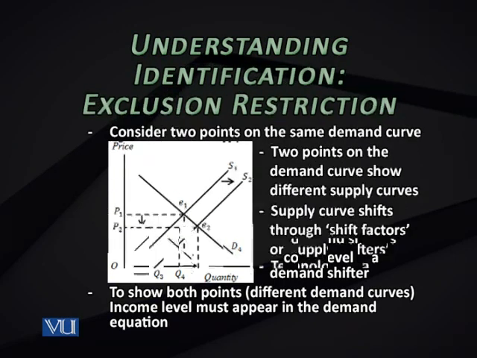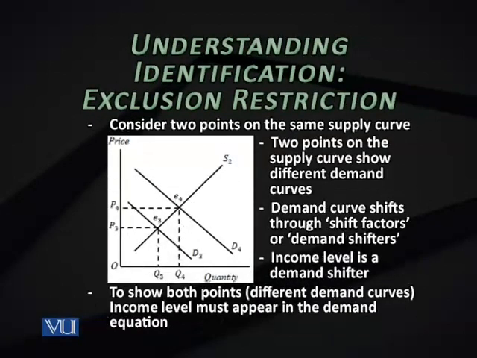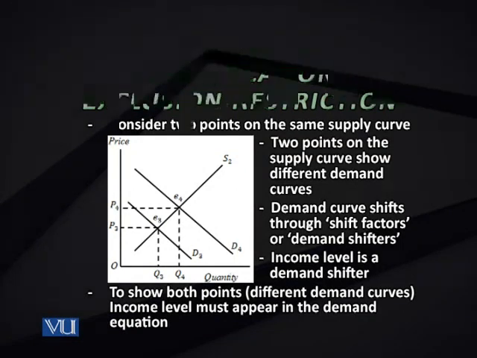So remember, if you have 2 points on the same demand curve, they are generated by a process of shifting in the supply curve. If you have 2 points on the same supply curve, they are generated by a process of shift in the demand curve. So in both cases, if you want to identify the supply equation and the demand equation, you need the exclusion restriction. You need a variable that exists in the other equation but not in the equation that you want to exactly identify.